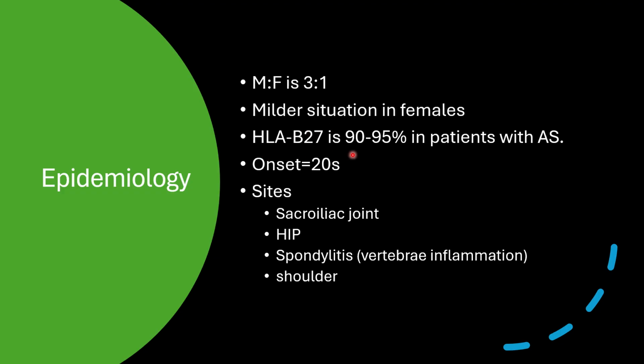HLA-B27 is occurring in about 90 to 95% of patients with ankylosing spondylitis. The onset of this autoimmune condition is at a young age, as young as age 20. The sites that will be affected the most will be the sacroiliac joints, the hip, spondylitis, that is vertebral inflammation, and the shoulder.